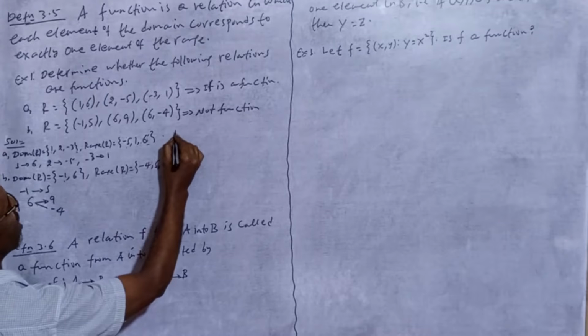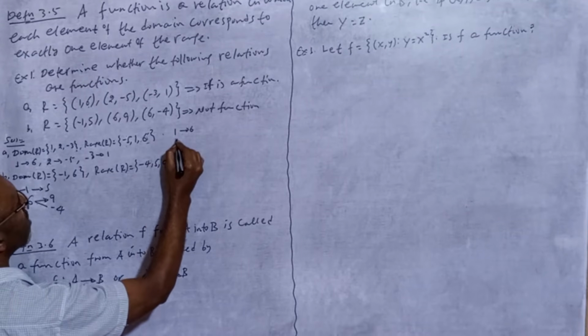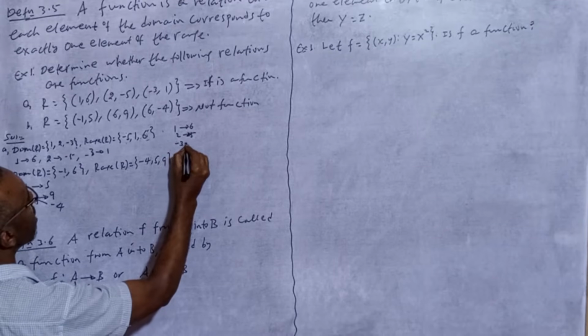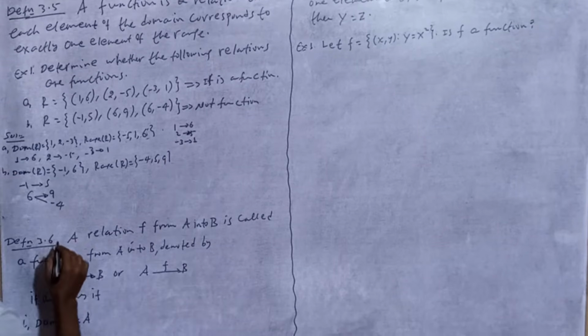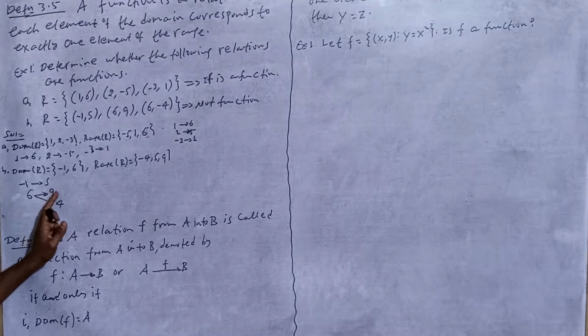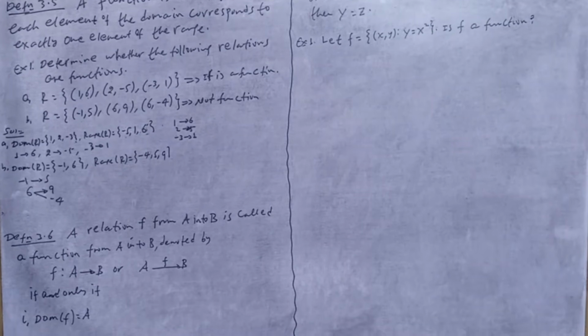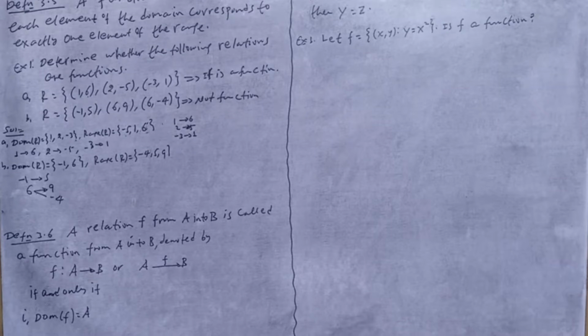In the other, -1 corresponds to 5, and 6 corresponds to both 9 and -4. And this is not a function.